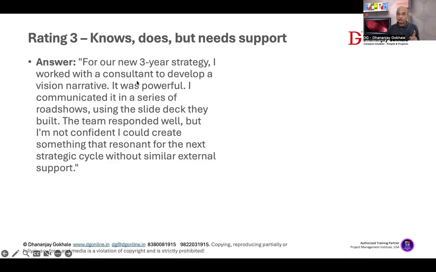Now, listen to this particular answer, and you will see why it is three. For our new 3 year strategy, so this person knows the strategy, I worked with a consultant. This person knows that I need to work with a consultant to develop a vision narrative. The vision is a story, an end state. So he knows this, and it was powerful.